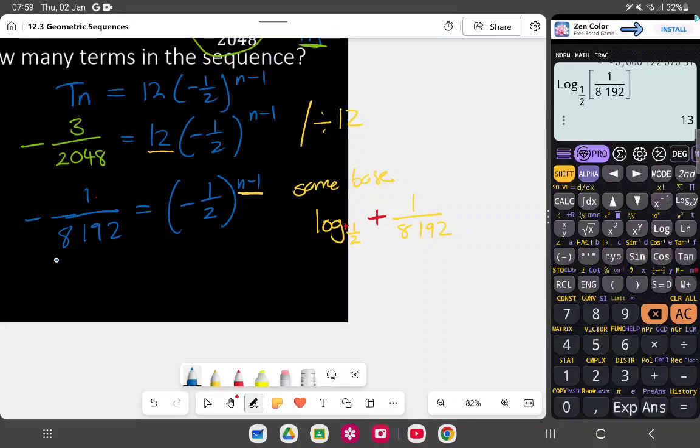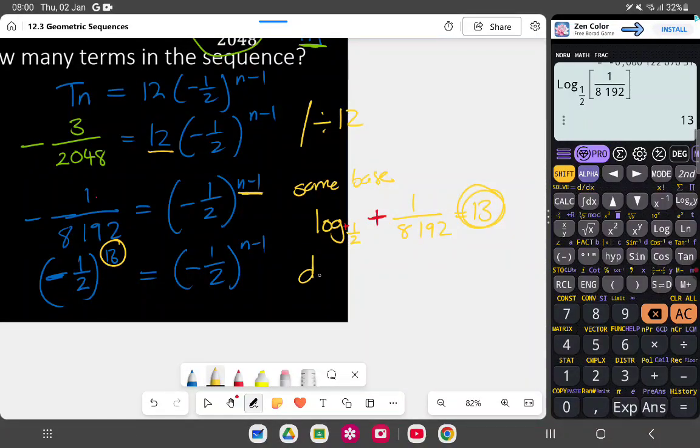So this means that on the left hand side, I can now put negative a half to the power of 13, which is what I got from my calculator. So this 13 is that exponent, and that is equal to negative a half to the n minus 1.